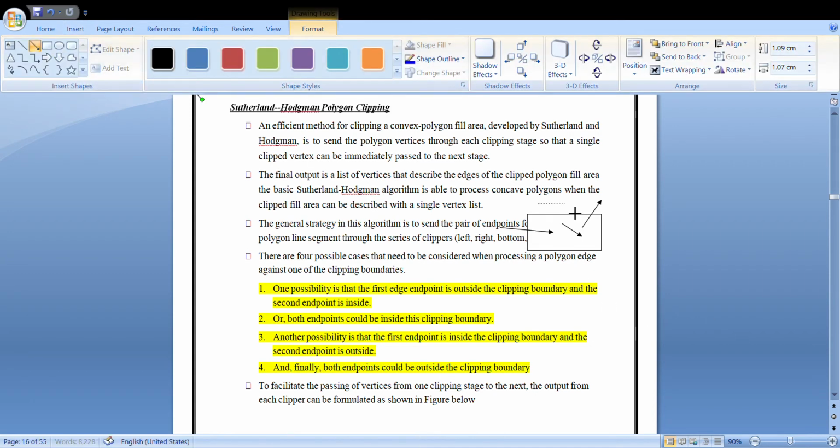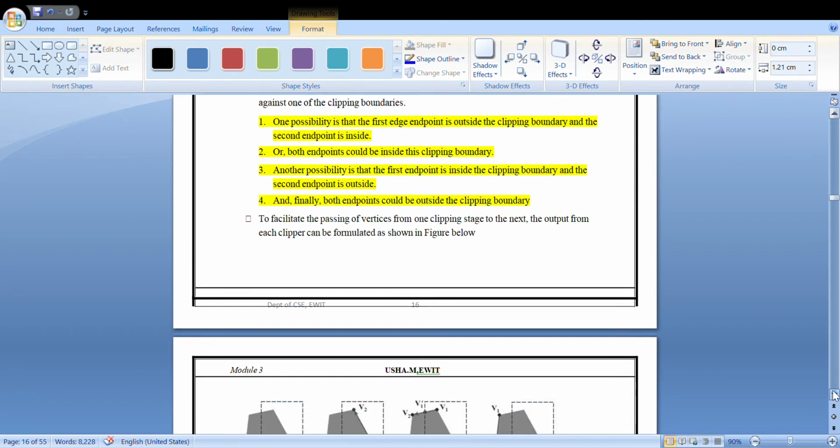So there are four possibilities. One is the first endpoint is outside and the second point is inside, or the first endpoint is inside and the second is outside, or both endpoints are inside, or both endpoints are outside. These are the four possible cases which we may encounter while processing the edges within our polygon against all our clipping boundaries.